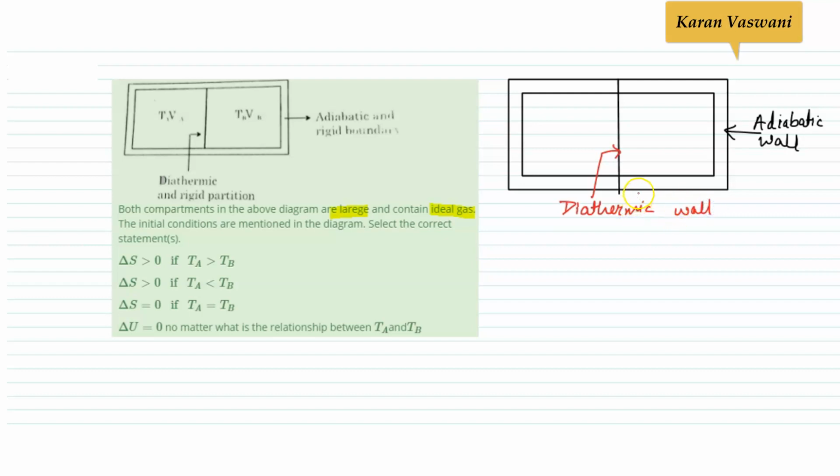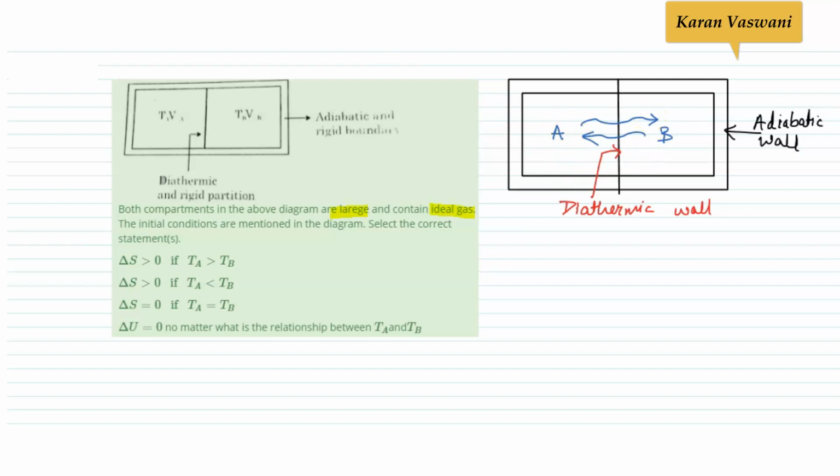What is the meaning of diathermic? It means it will allow heat energy to pass. This is A, this is B. It will allow heat to pass from A to B or B to A, depending upon the temperature conditions of A and B.